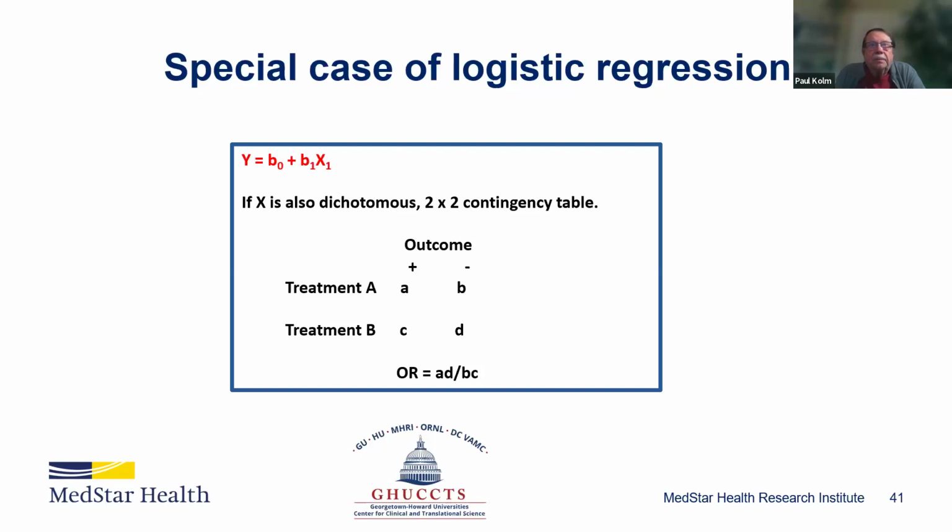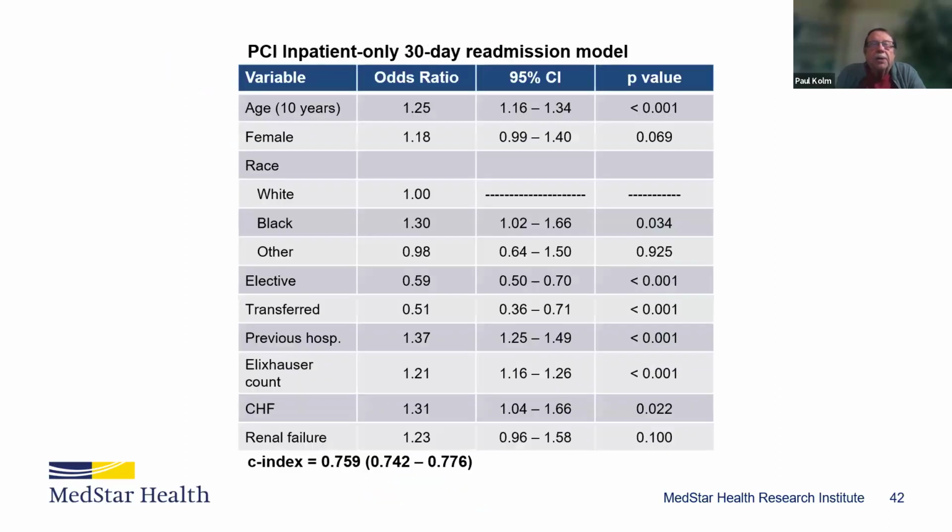So in any case, what we want to do in looking at, as far as interpreting our odds ratio, I have an example here of whether PCI inpatients were readmitted 30 days after discharge. And so our outcome is either readmission, yes or no, at 30 days.